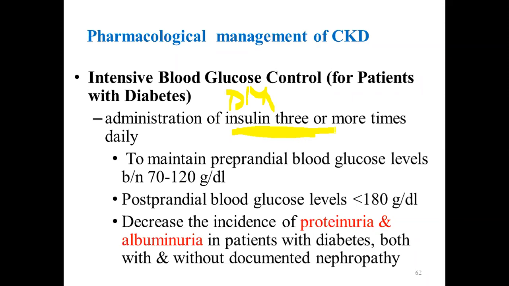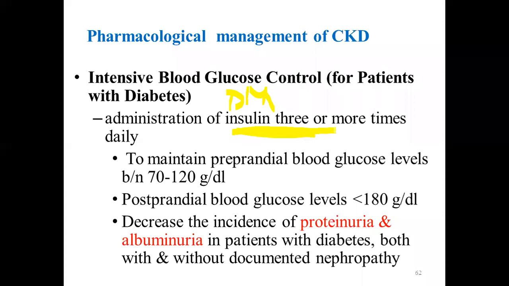But anyway, in a CKD patient, insulin is the drug of choice because this is the most effective treatment modality in CKD plus diabetic patients. The oral hypoglycemic agents, which I will discuss next semester, are not commonly recommended because of the risk of hypoglycemia and because they are excreted by the renal system. So here we need to maintain the blood sugar level, and insulin is the drug of choice.